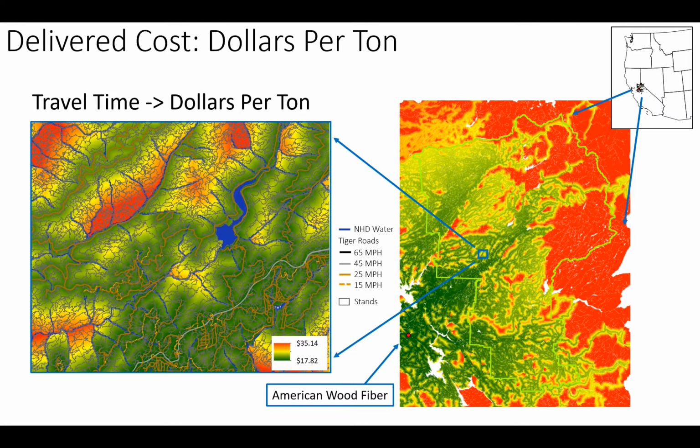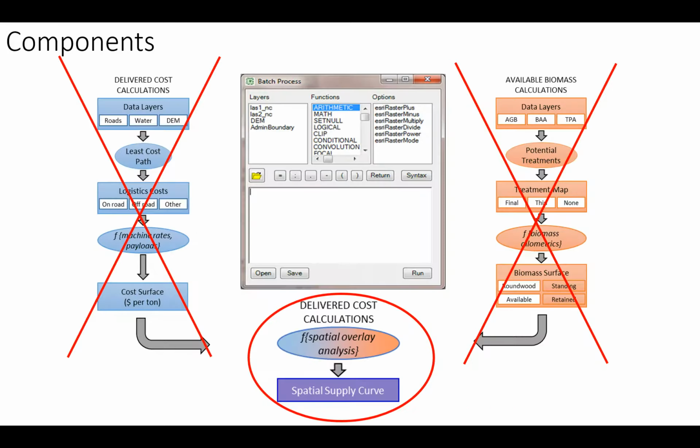In this case, we can look at it spatially at every 30 square meters. What is the cost to move material from that location to the American wood fiber conversion facility?